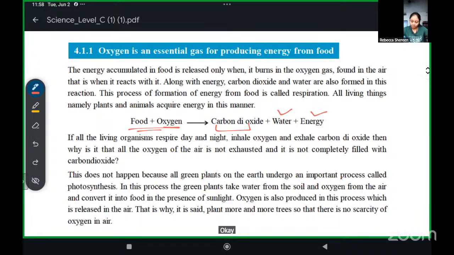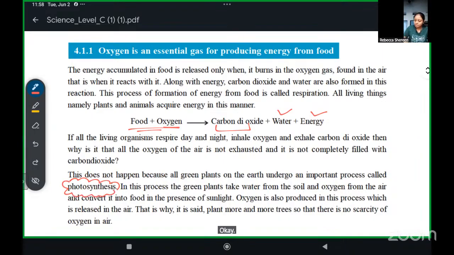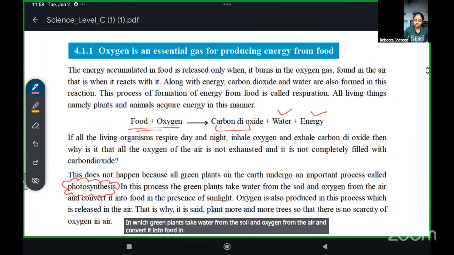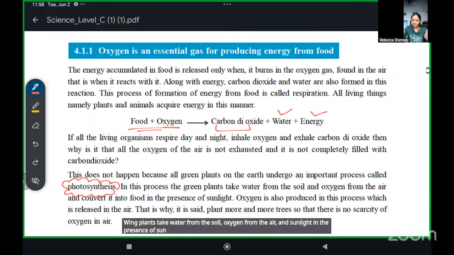Now, all the green plants on the earth undergo an important process called photosynthesis, in which green plants take water from the soil and carbon dioxide from the air and convert it into food in the presence of sunlight.